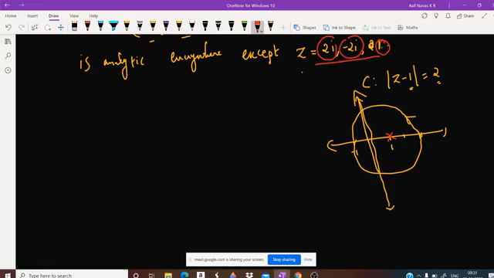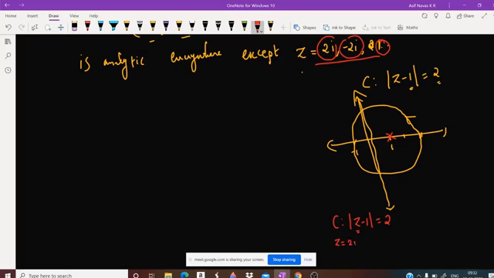So how to check? Our C is mod z minus 1 equal to 2, that means the set of all points z such that mod z minus 1 equals 2. Now we will check.